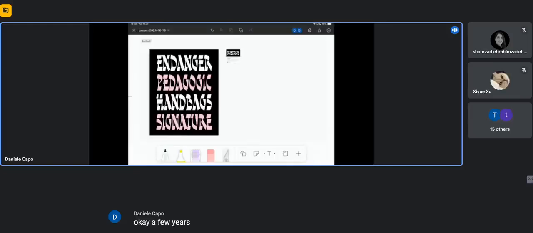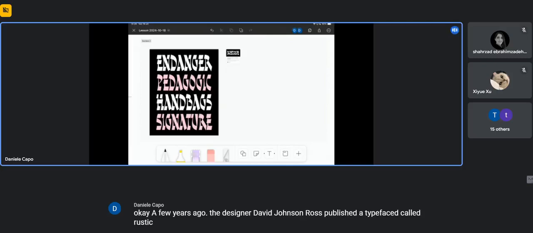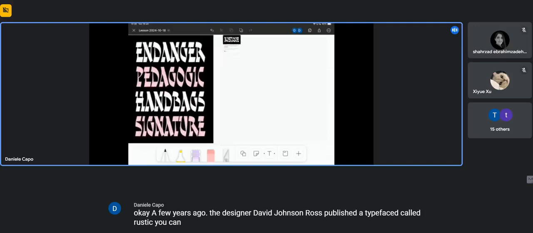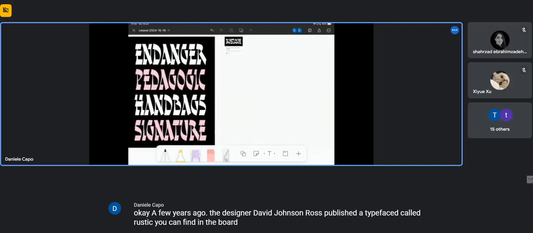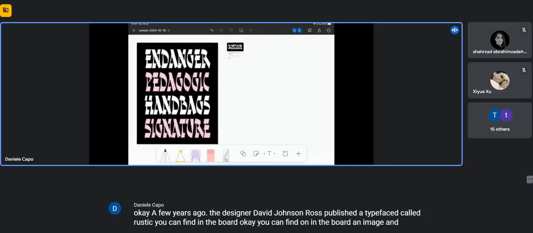A few years ago, the type designer David Jonathan Ross published a typeface called Rustic. You can find in the board an image and a link.